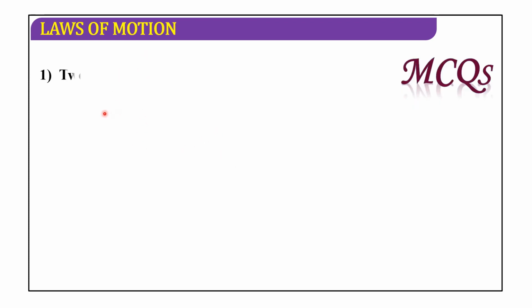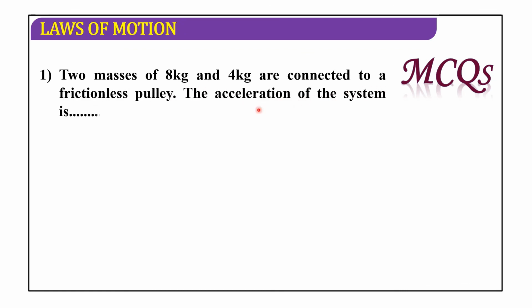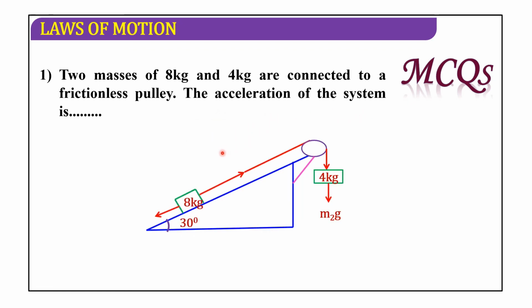First one, two masses of 8 kg and 4 kg are connected to a frictionless pulley. The acceleration of the system is, here we have to calculate the acceleration.